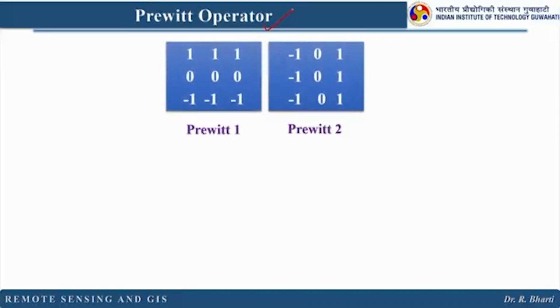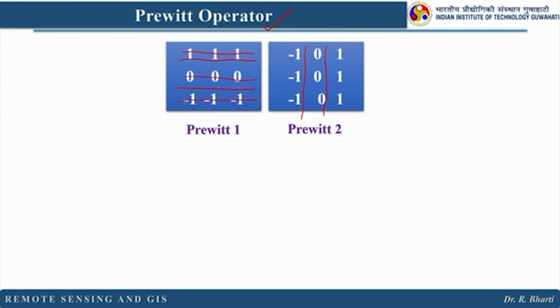In the Prewitt operator we use a 3 by 3 neighborhood size, and here you can see it is going to give you the changes in the vertical direction, and here it is going to give you changes in the horizontal direction, right? How? Because it is going to highlight this, suppress this and highlight this, right?